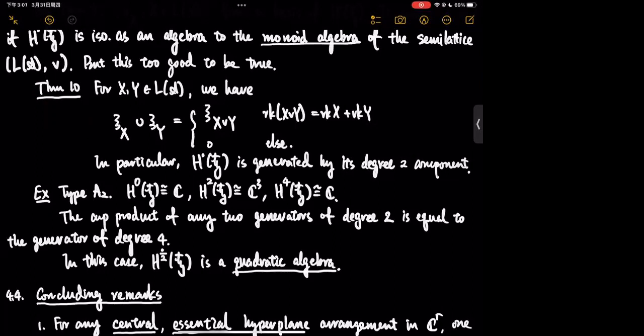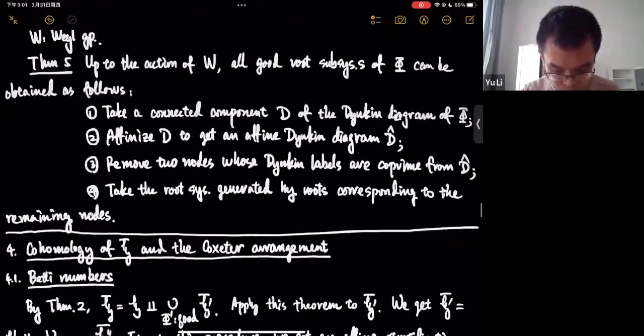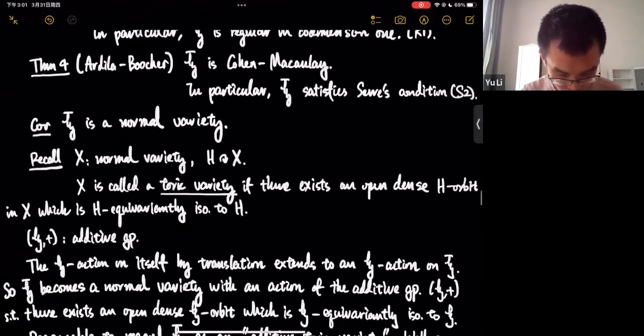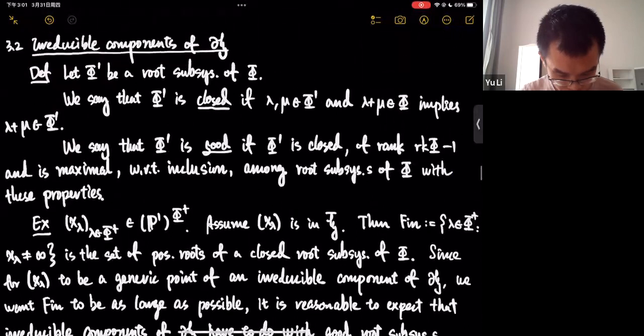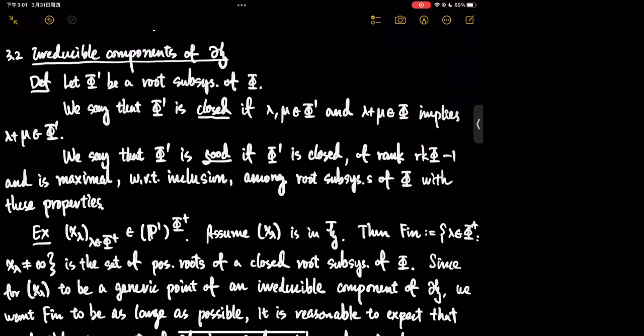I think I phased out. I missed the definition of good subroot system. So it's closed is one of the conditions, but not enough.